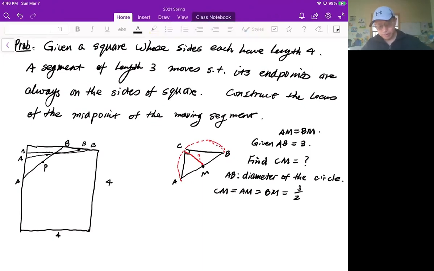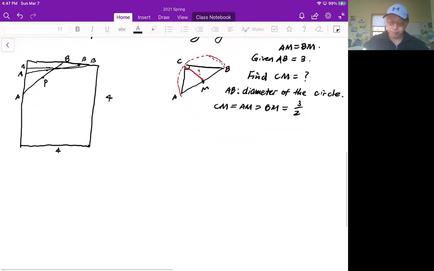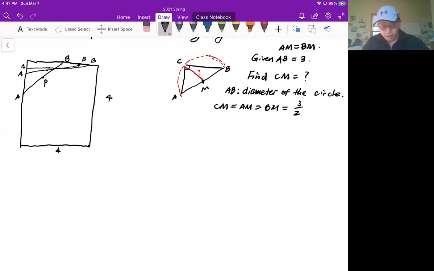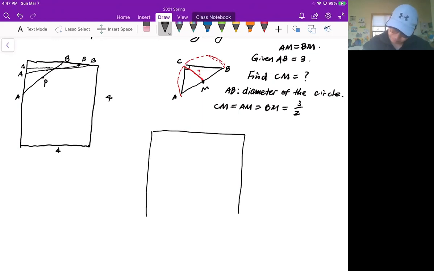So basically, let's draw the picture here. Suppose I have a square, right? And each time I have AB with a length of 3, and then I have a midpoint.